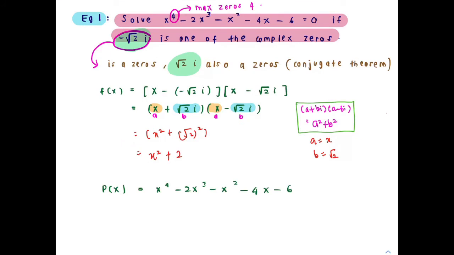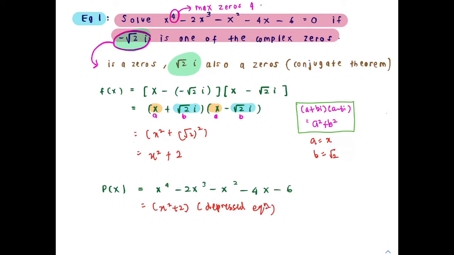Therefore, we have found a factor of x squared plus 2. Then we can conclude from the polynomial given in the question that one of the factors now is x squared plus 2, and you may have a depressed equation at the back here.